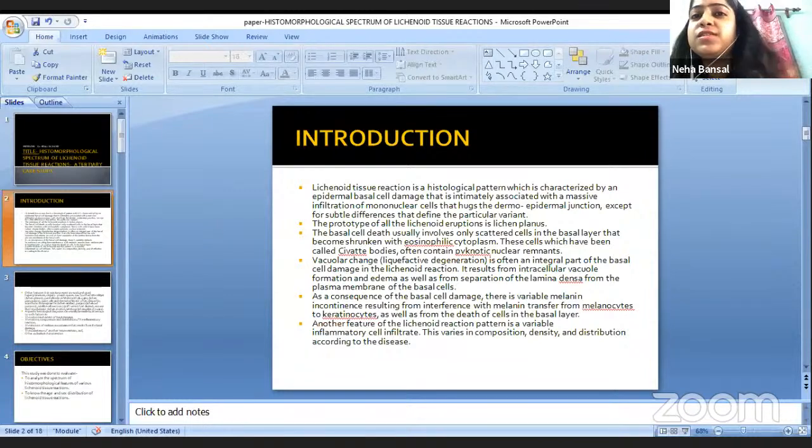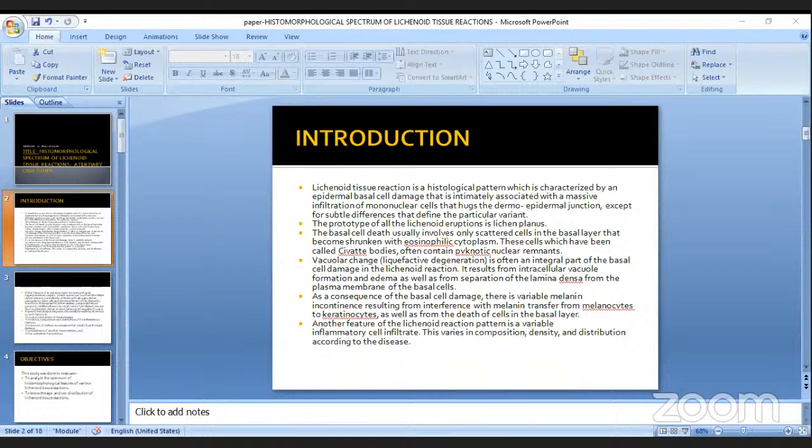See in the home, insert, design, animation, slideshow sequence. There is also a slideshow, full screen option in the lower bar.